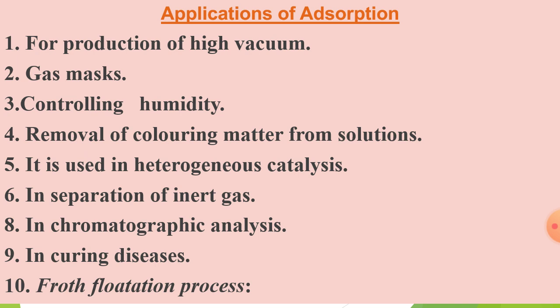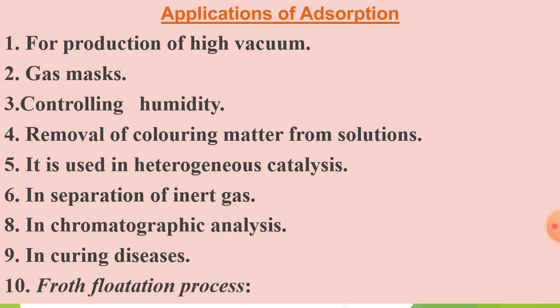Now, dear students, application number 6, in separation of inert gases. You know the inert gases: helium, neon, argon, krypton, xenon, radon. Why are they called inert gases? Because they have a complete octet.